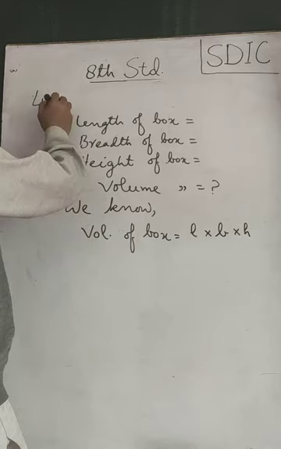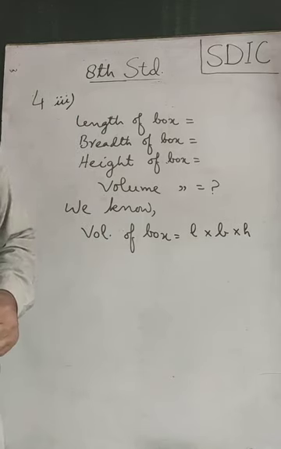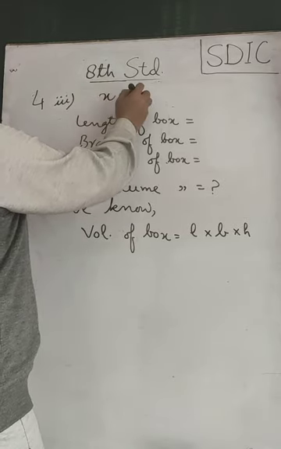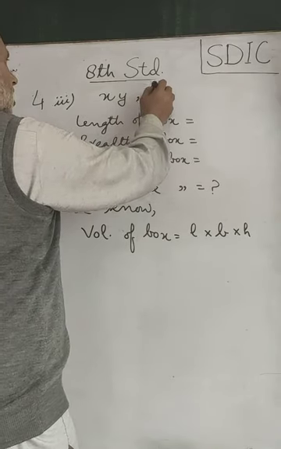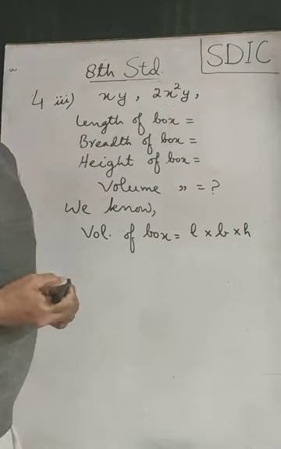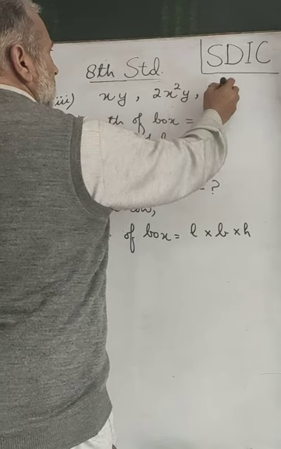Part number 3 of 4th question. xy is the first monomial. 2x square y is the second monomial. And 2xy square is the third monomial.